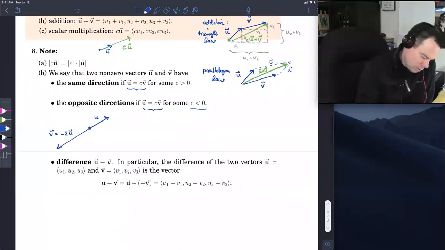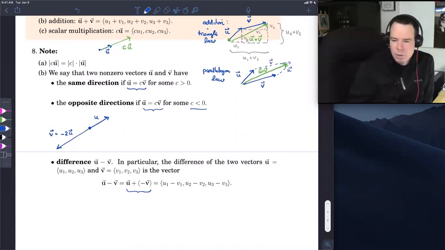That's what this first line says. How do you make sense of subtraction? Well, u minus v is just the vector u plus negative 1 times the vector v. So subtraction is just a combination of scalar multiplication and addition. And that turns out to be how we work it out. It's just the difference in their components.